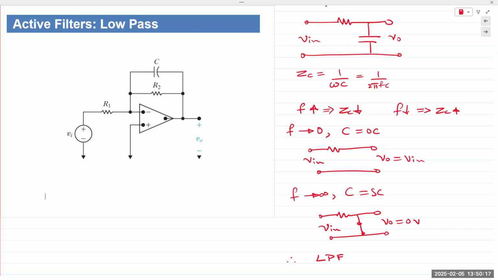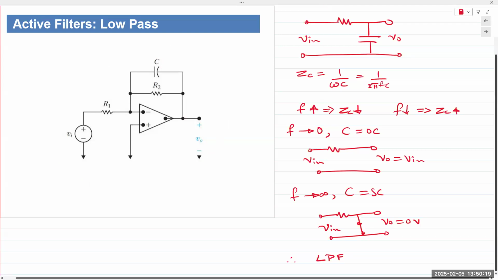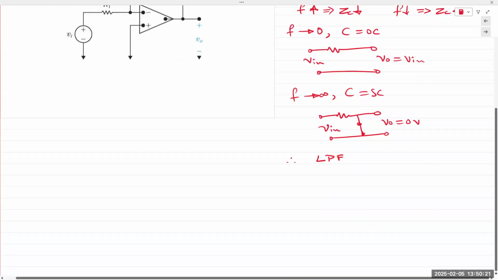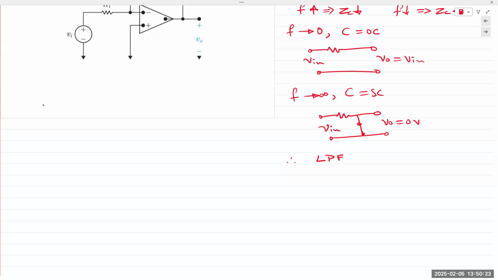So if we stick with the same concept and analysis, as F tends towards 0, the capacitor is an open circuit. Your op-amp circuit is simply an inverting configuration. Right?